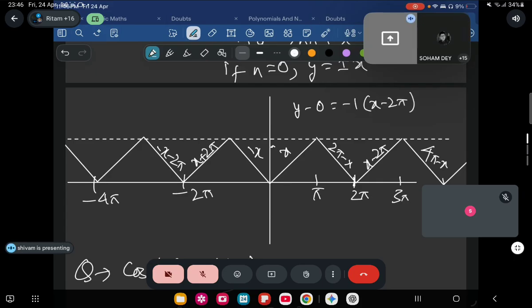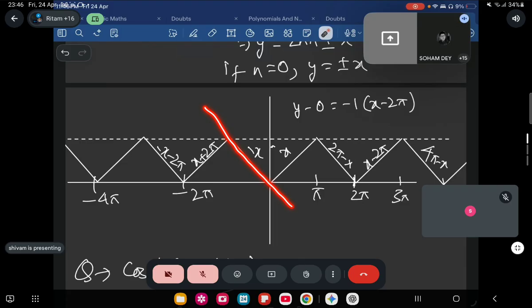Now simplify. Sir, by transformation, without point slope form. See, the equation of this branch is minus x. If you shift 2 pi distance towards the right hand side, we have to add 2 pi. Yes, sir. Got it. Thanks.